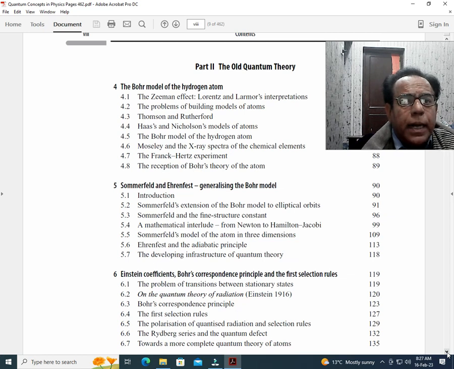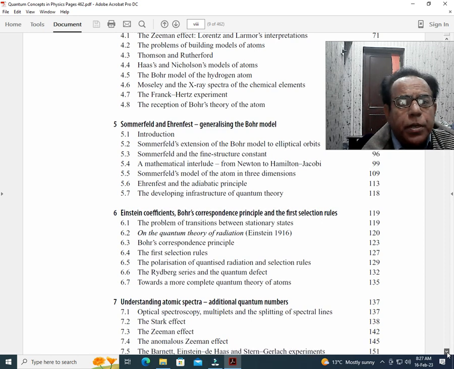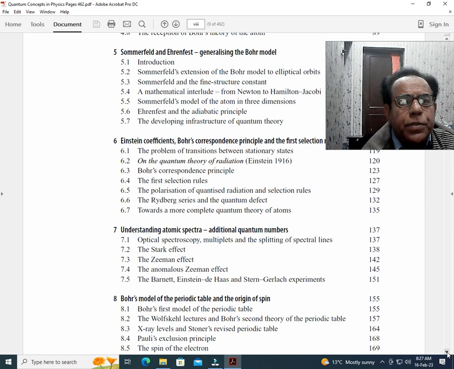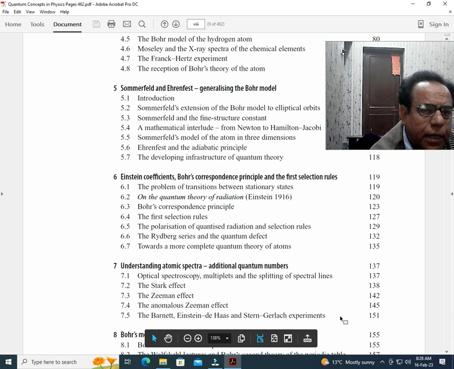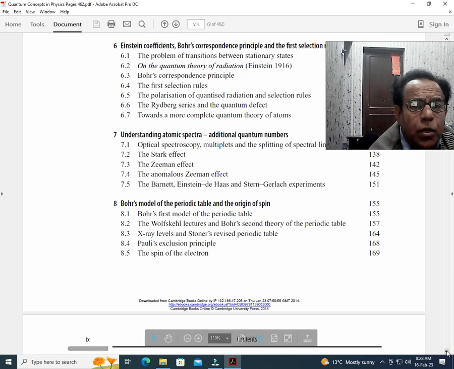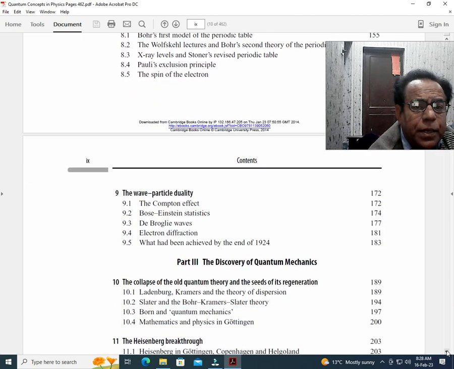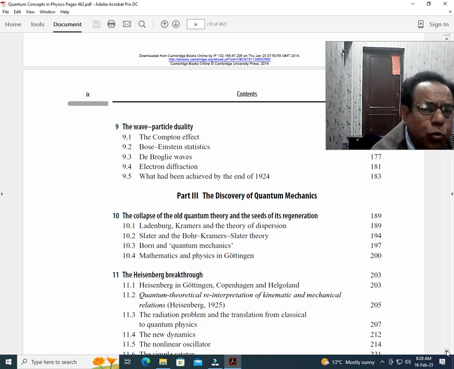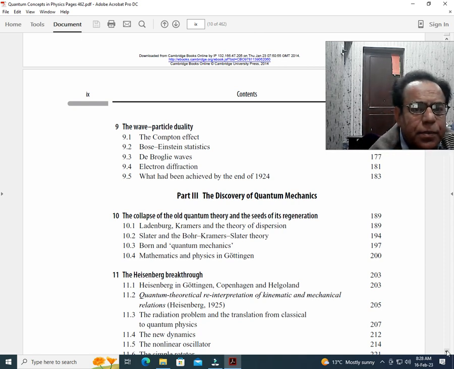Then the Bohr model and the hydrogen atom, then Sommerfeld and Ehrenfest generalizing the Bohr model, then Einstein coefficients, Bohr's correspondence principle, and the first selection rules, understanding atomic spectra, additional quantum numbers, Bohr's model of the periodic table and the origin of the spin, the wave particle duality, the collapse of the old quantum theory and the seeds of its regeneration, the Heisenberg breakthrough.